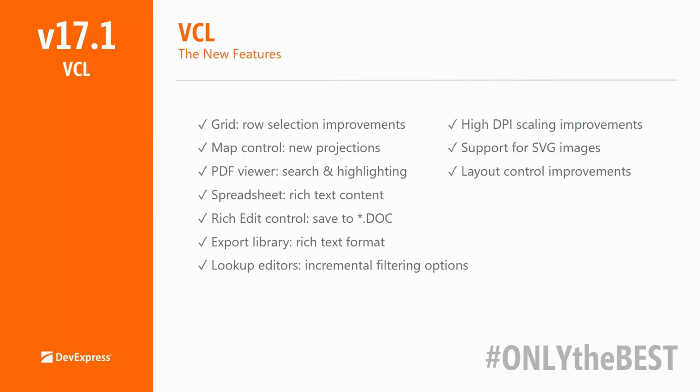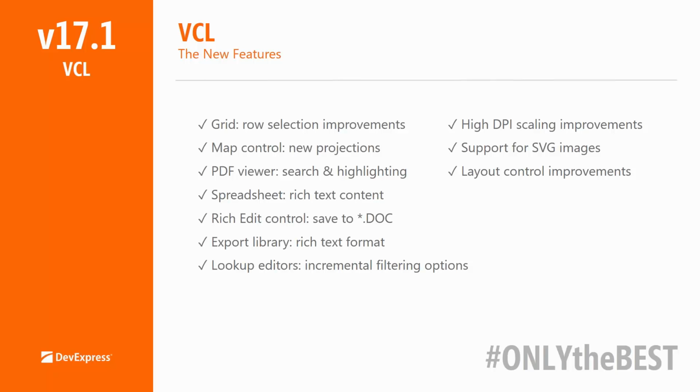For the grid, for example, we've improved the way your users can select multiple rows, and we persist that row selection across the board. Map control, I love the map control, but some new projections for the map control, and also the ability to do asynchronous zooming, which is a sight to see.